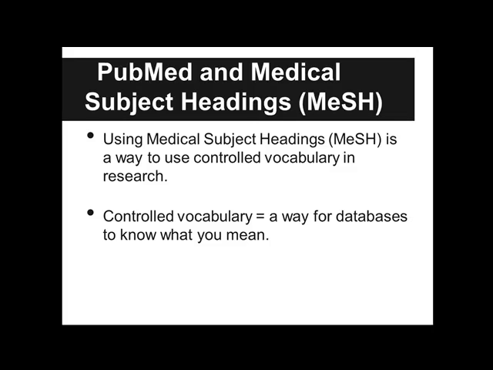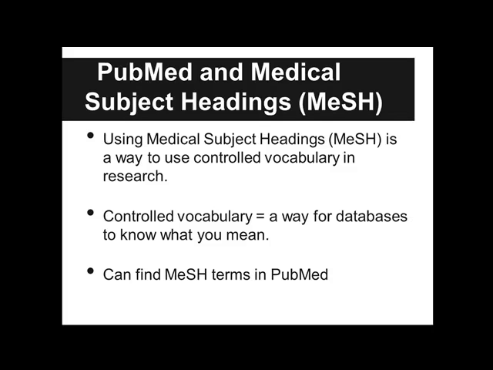For example, if you're doing research on Saturn but don't use controlled vocabulary, the database may not know if you mean the planet or the car. This is why you sometimes get results that seem completely irrelevant to what you're searching. So, how do you figure out what controlled vocabulary to use? That's where MESH terms come in.